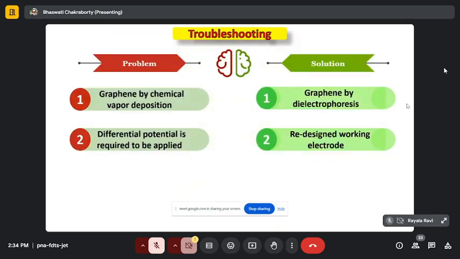So the problem was graphene deposition in a cost-effective way, so that has been solved using the dielectrophoresis method, and to apply the differential potential, it is very necessary to redesign the working electrode, where the working electrode has been separated into two halves so that potential difference can be provided over there.